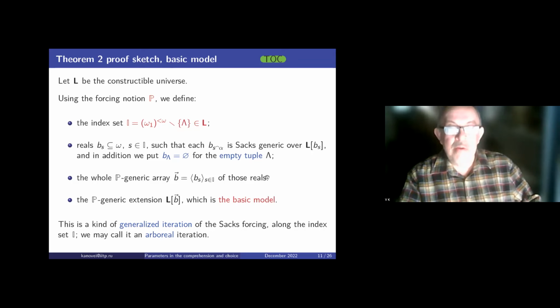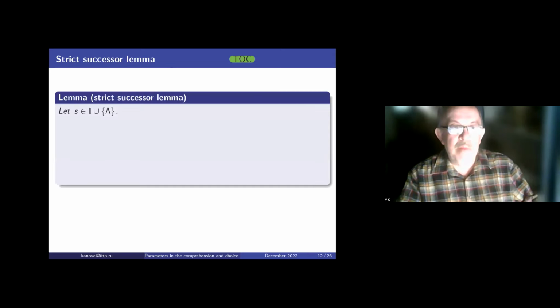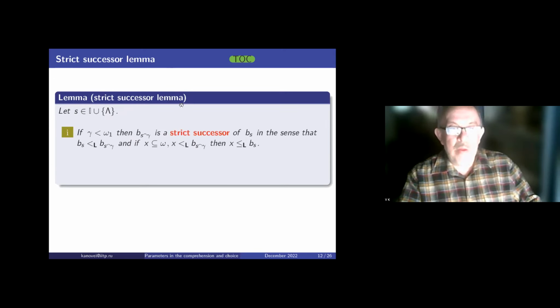So let's go ahead. And the principal technical instrument then is the lemma called strict successor lemma. What does it say? Take any index S. Then, number one, for any ordinal gamma, we can adjoin the ordinal to the index and we get a bigger index.